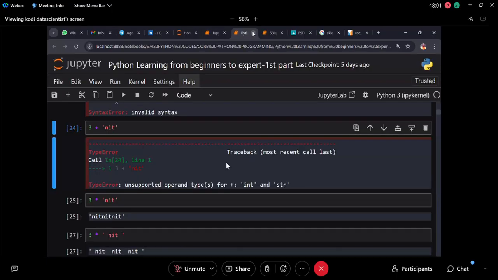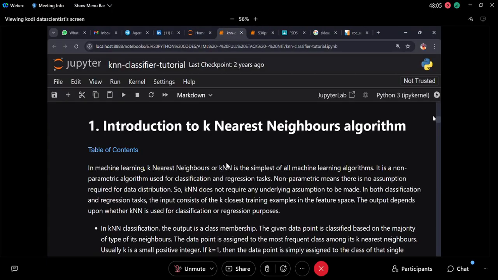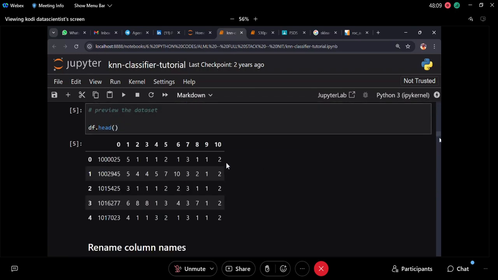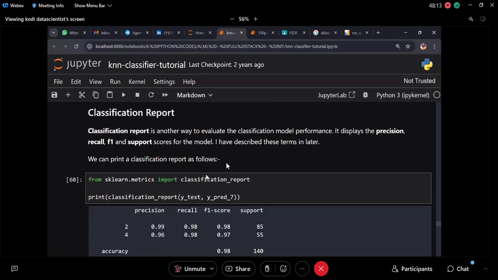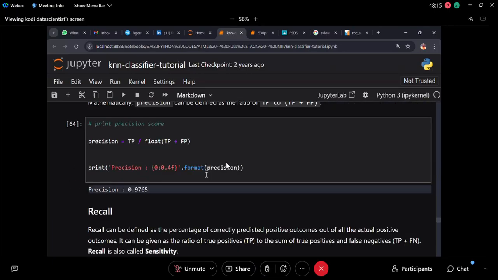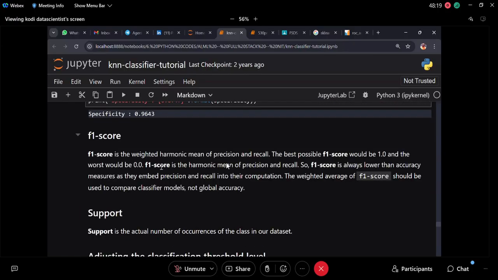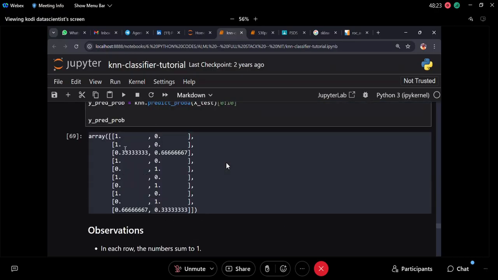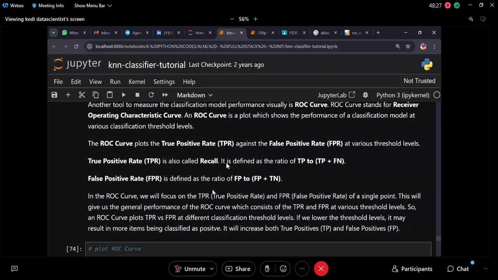KNN classifier. Classifications. Okay, precision, recall. Yeah, we built this, guys. F1 score. Okay. Do you see we predicted this graph over here? And one second, the ROC AUC curve.